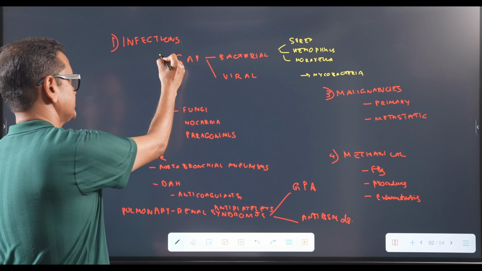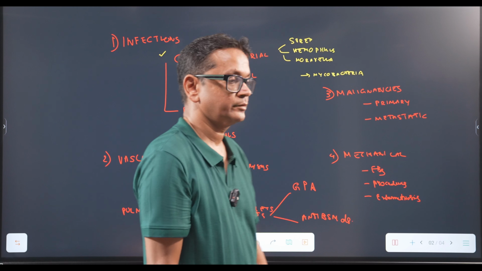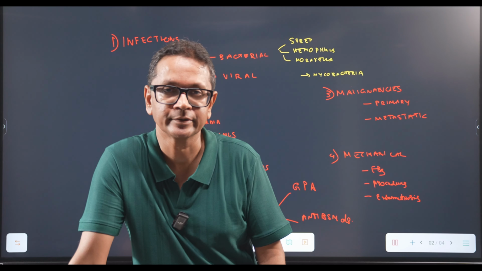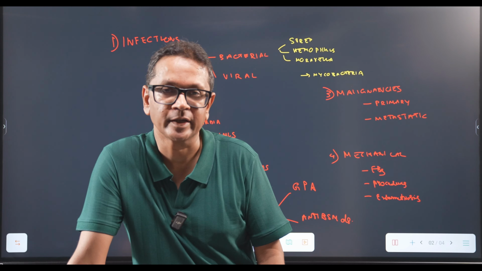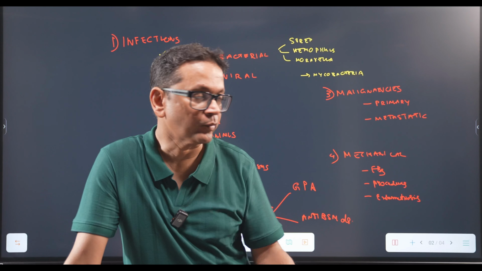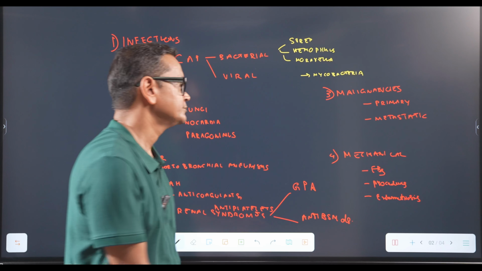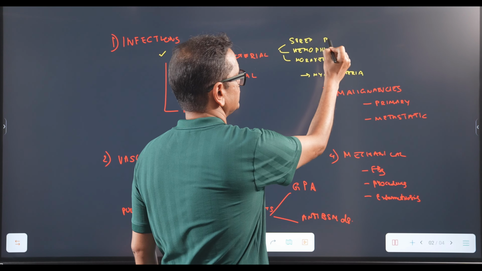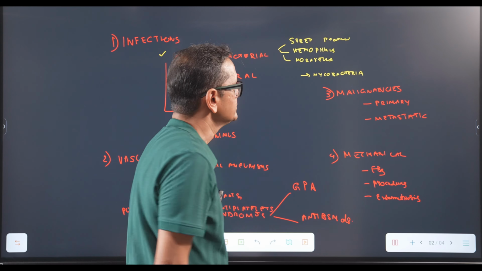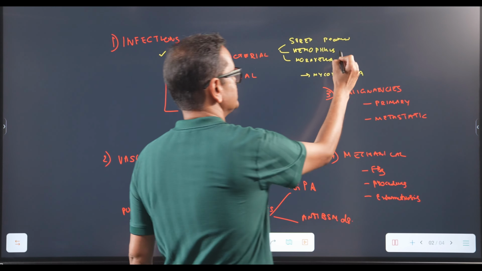So infections. Most common cause of community acquired pneumonia is viral, but unfortunately bacteria may supersede, means secondary bacterial infections. Especially these big 3 are very important. What are they? Streptococcus pneumoniae. Second one is Haemophilus influenzae.